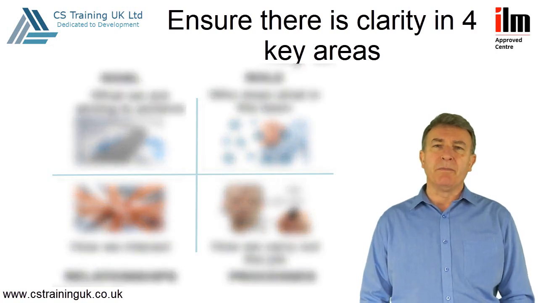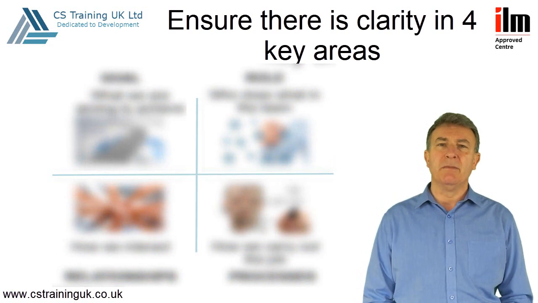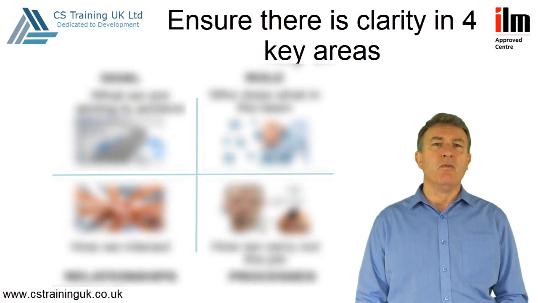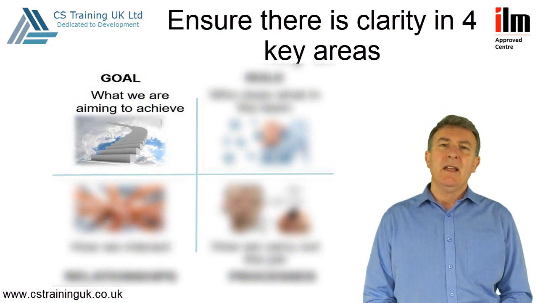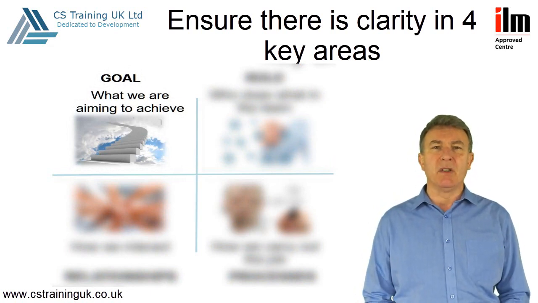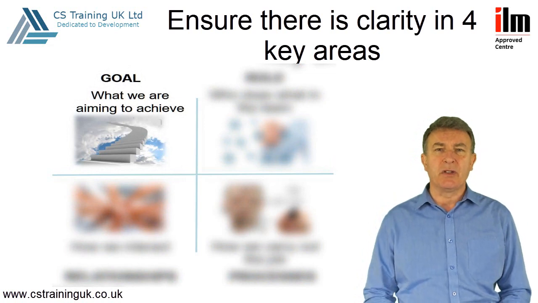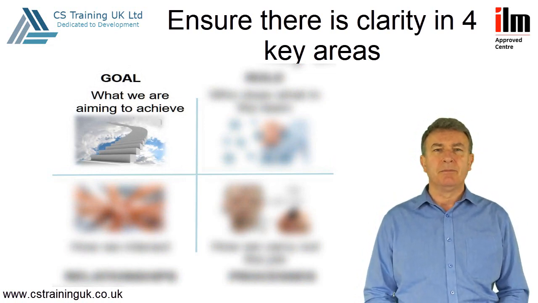Now, it might surprise you that it is generally considered best to first of all re-establish the goal with the team. That is ensuring that every team member is aware of and is focused on the same outcome.